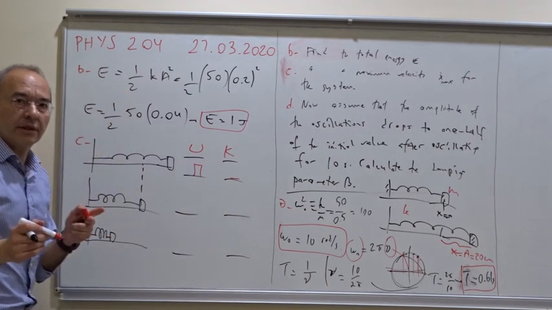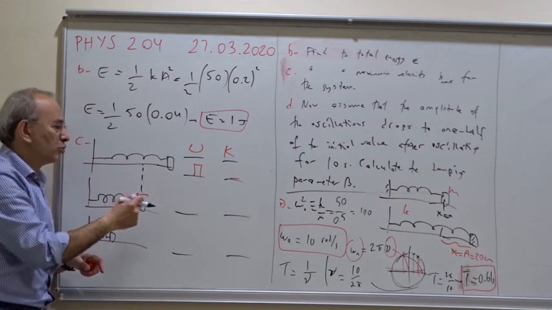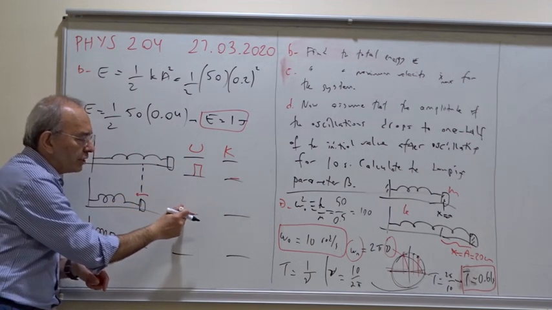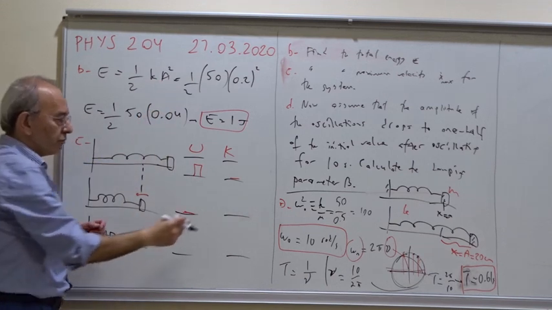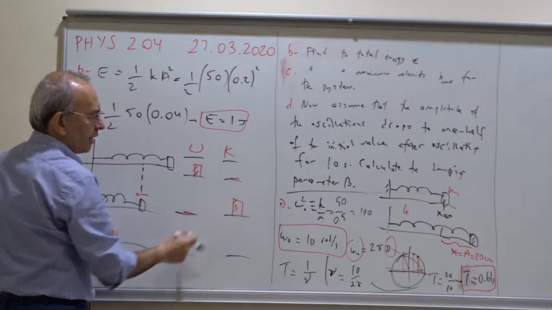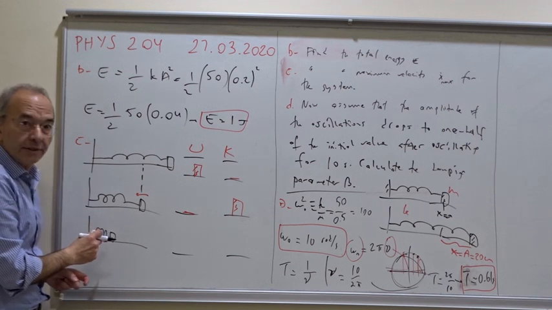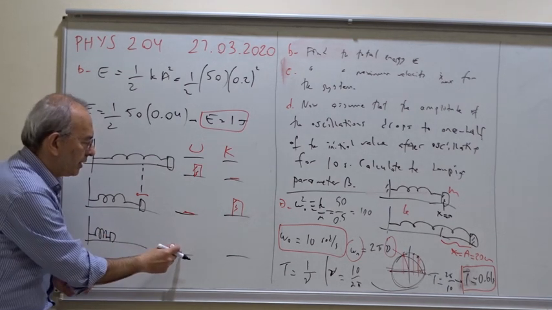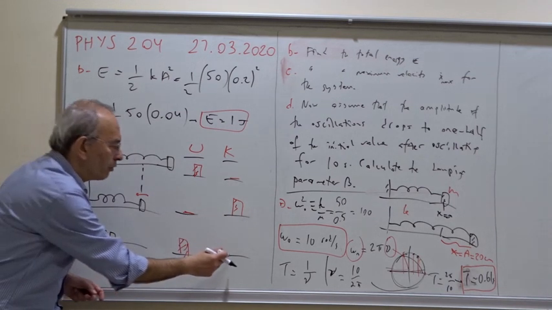It is at rest. When it passes by the equilibrium position at maximum speed, it has no potential because of no x, 1/2 kx squared is 0, but maximum kinetic energy. When it is compressed maximum, then again it has all the energy as potential, no kinetic.